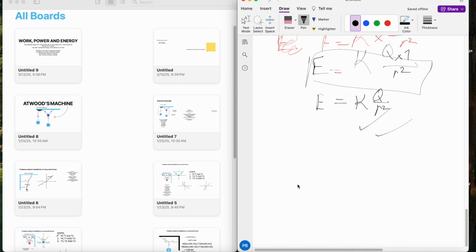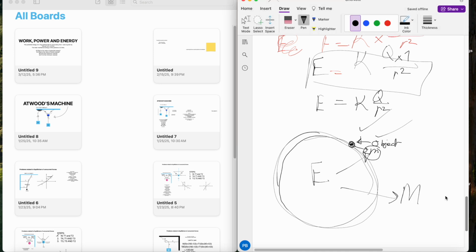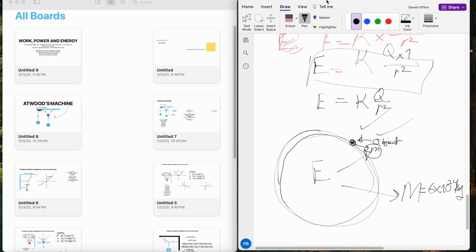But in galaxy it's the very opposite. So let's say this is the earth, and this is the object. It has a negligible mass in respect of earth, but the earth doesn't have a negligible mass, and the mass is 6 multiplied by 10 to the power 24 kgs, and that's a lot, right?